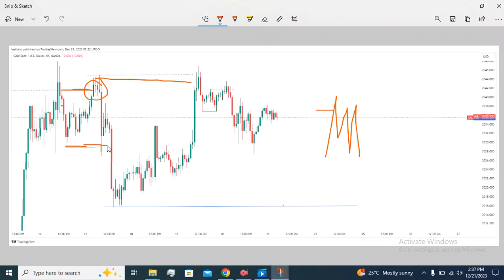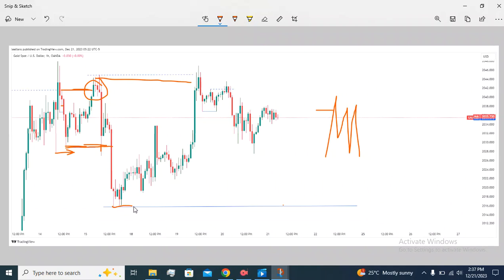And when you go back on the higher time frame now, on the 4-hour time frame, you see the bigger picture of the market. You can see this guy here was the first break of structure on the 4-hour time frame, and right here we can see this is the market structure shift, which makes this setup a high quality, high probability one.